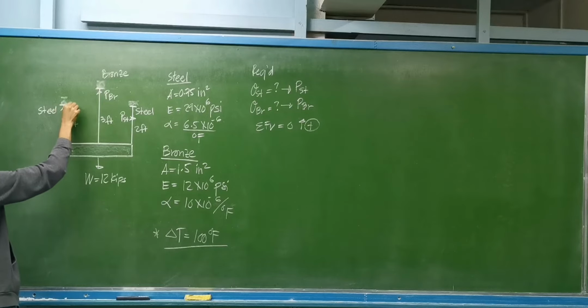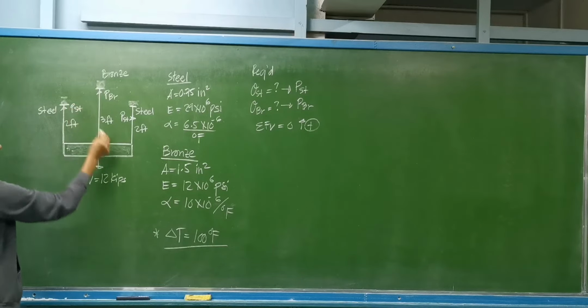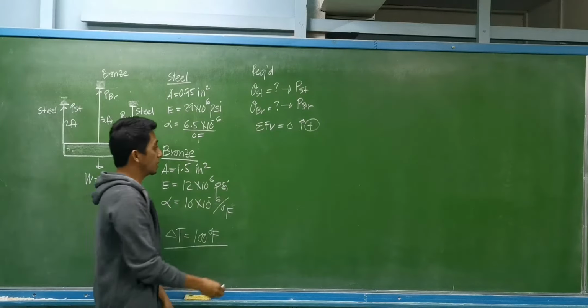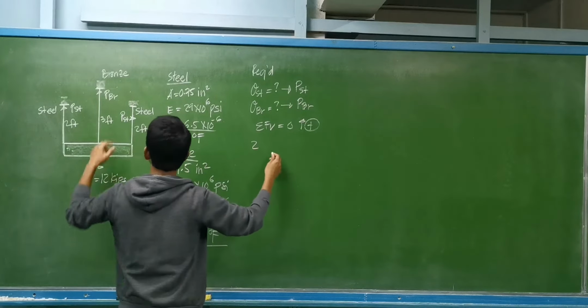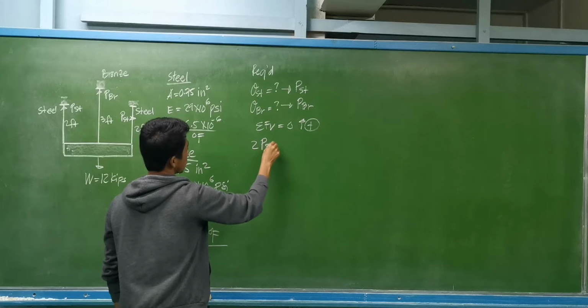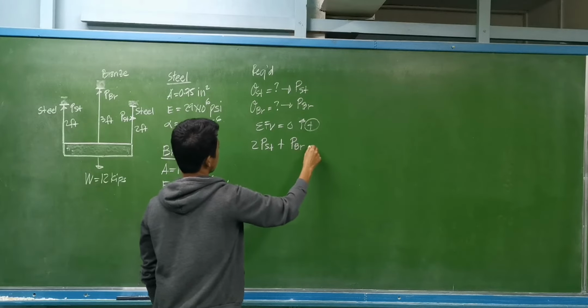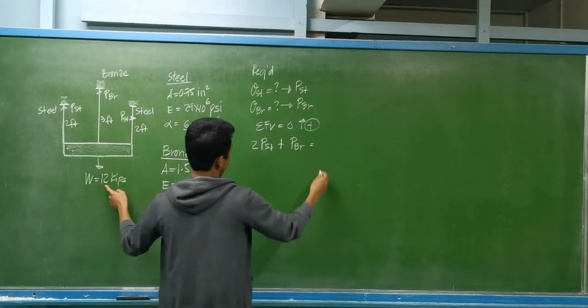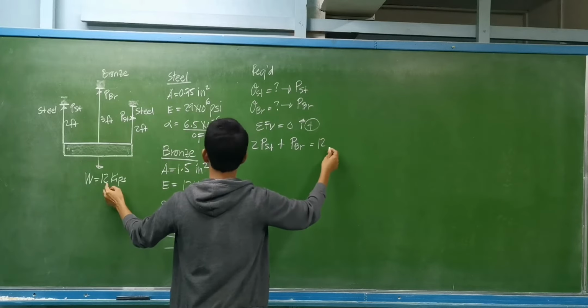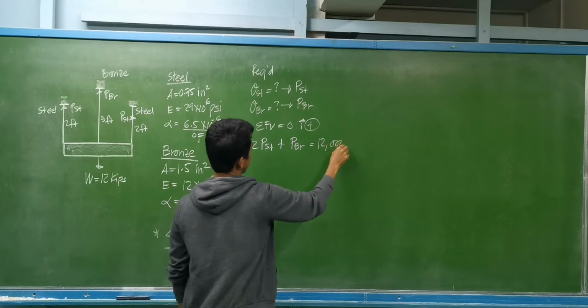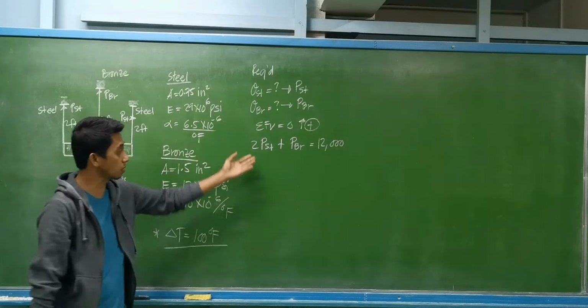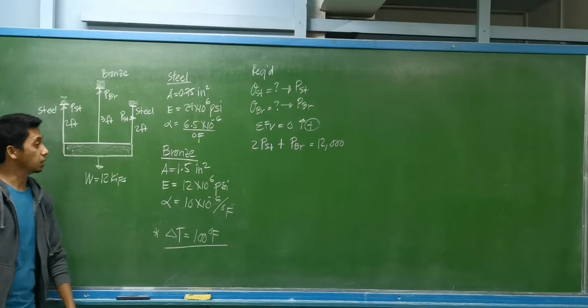The same with this one, also upward. So summation of forces vertical, we have two forces to be carried by the steel rods, plus the force to be carried by the bronze rod should be equal to the weight of the block, that is 12 kips, or it's the same as 12,000 pounds. So that will be our first equation.